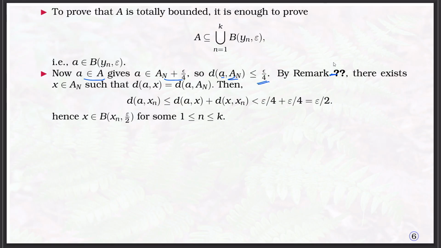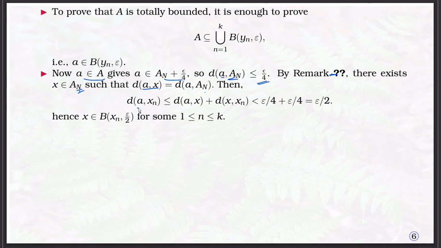By the remark which we gave in the previous slide, there exists x belonging to A_n such that the distance between a and x equals the distance between a and A_n, because we are taking A_n as a compact set.